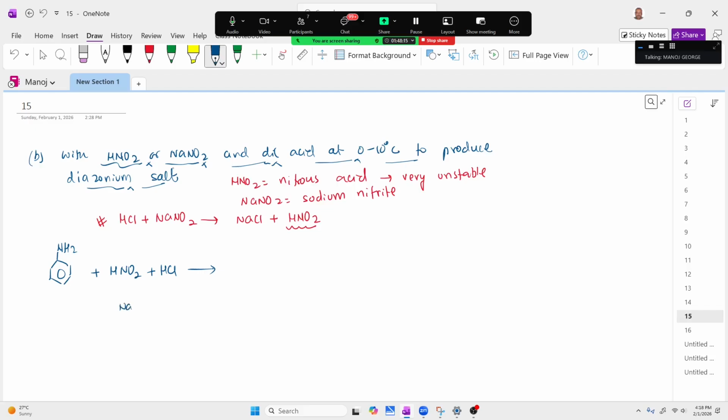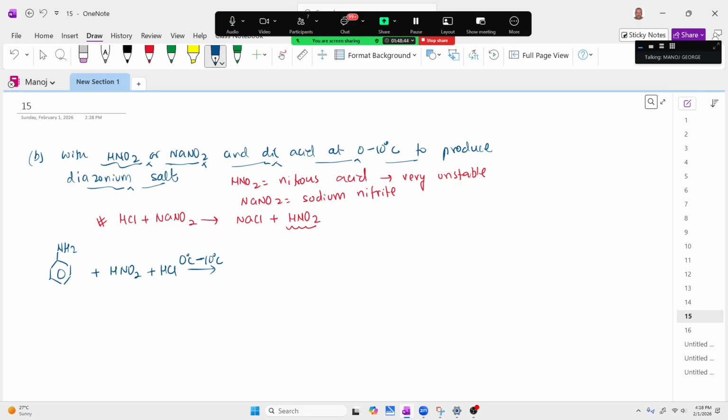But as I said, NaNO2 is only a source to produce the HNO2. That's the main reactant, so let's use that. The temperature must be 0 to 10 degrees Celsius. It must be very cold; older papers might even say ice cold conditions.